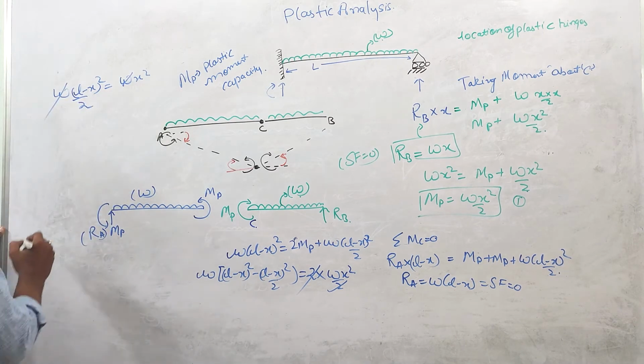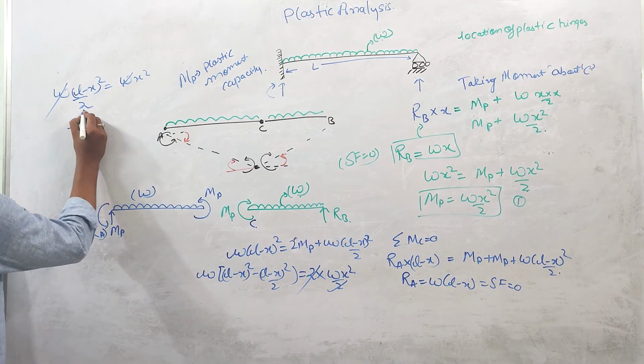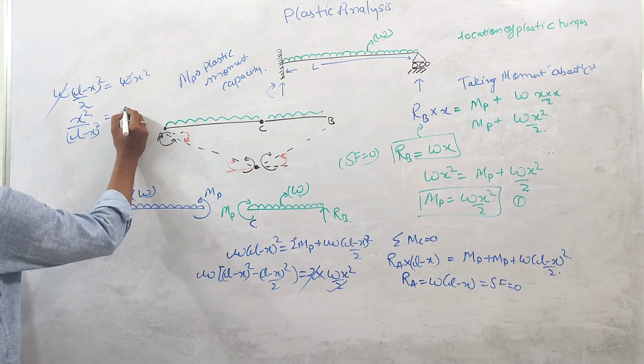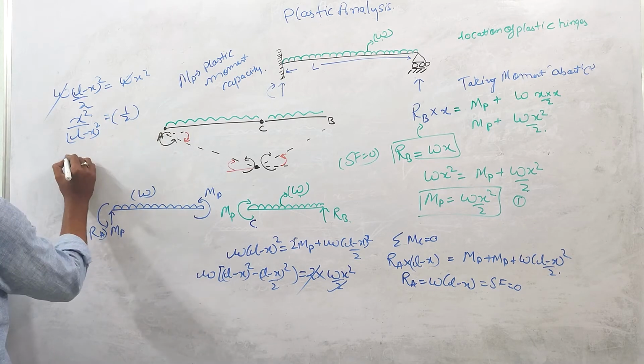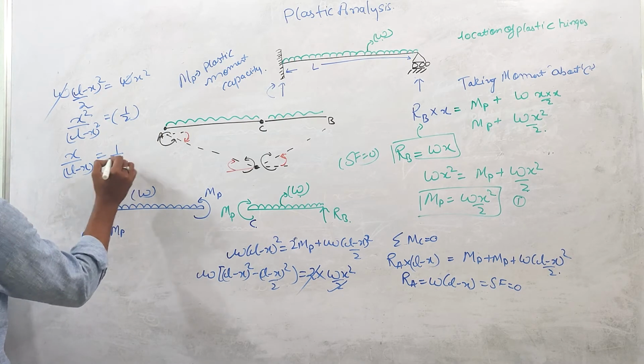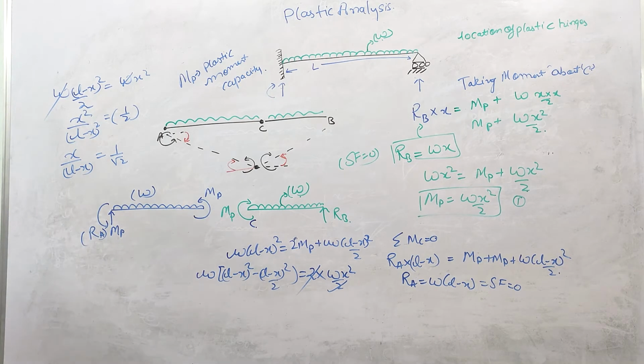So I can write x square over (L minus X) square equals 1 by 2. So x over (L minus X) equals 1 by root 2, right? So this is the relation we are getting.